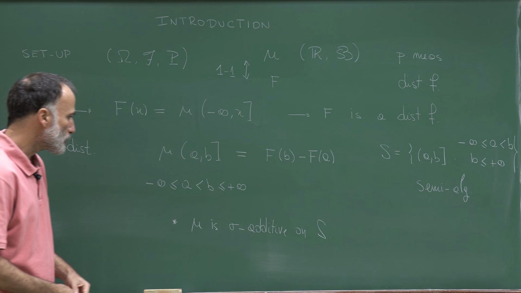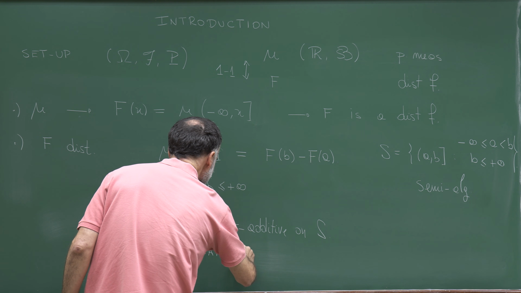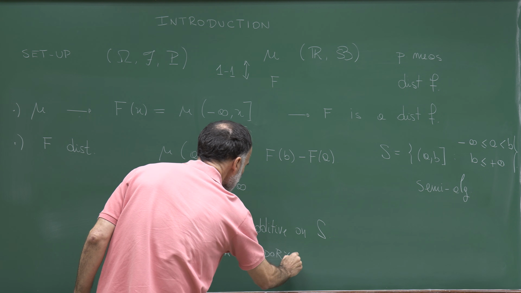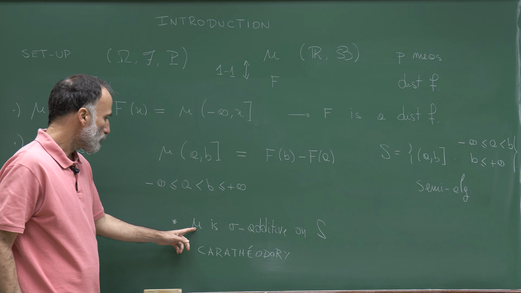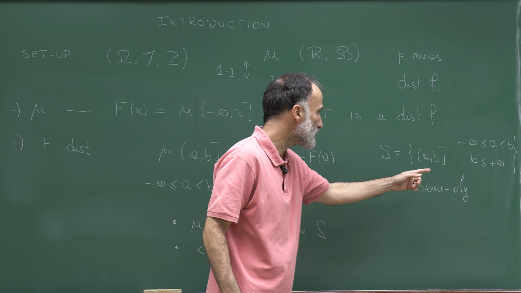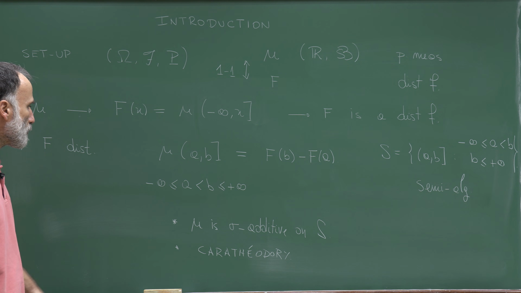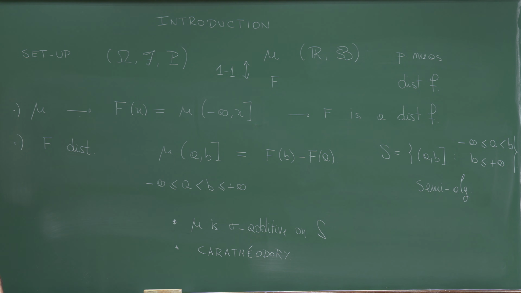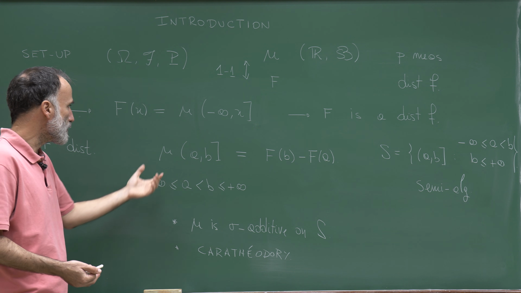And once you prove that, you can use the Carathéodory extension theorem to extend the definition of mu to the sigma algebra generated by such sets, but the sigma algebra generated by this set is exactly the Borel sigma algebra. Therefore, in this way, you will construct a unique measure mu, because this extension is unique.